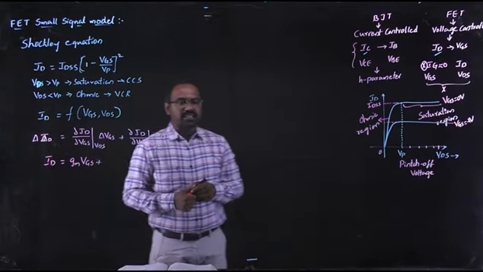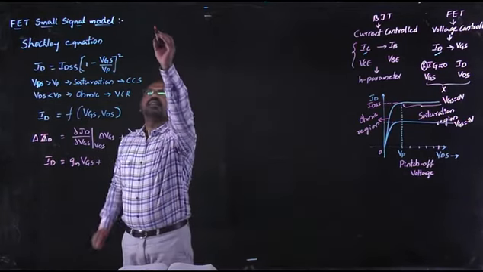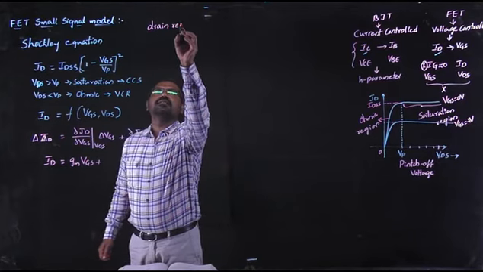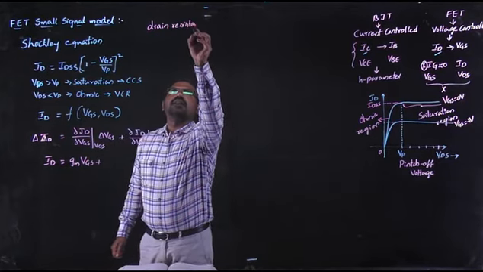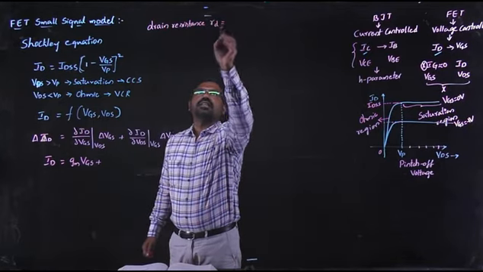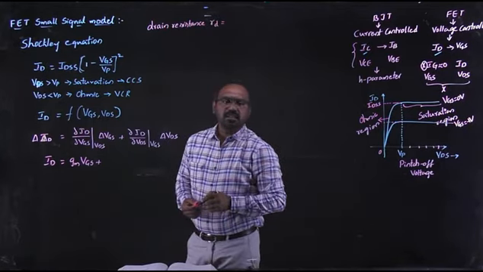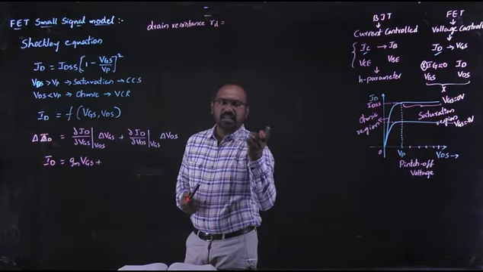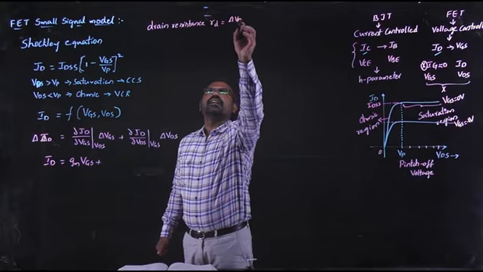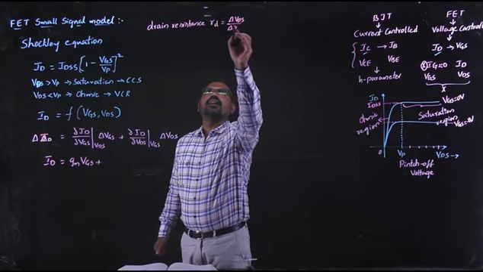The drain resistance rd, small r suffix small d, is defined as the change in output voltage to the change in output current. So we can write delta VDS by delta ID.